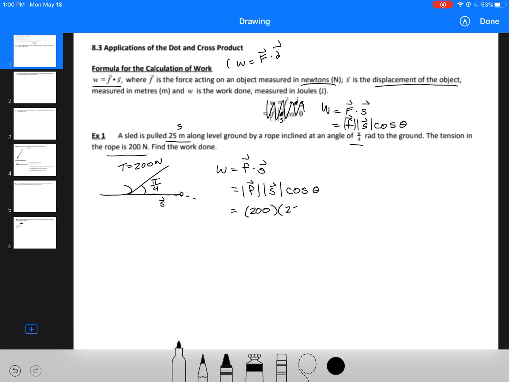My displacement is 25 meters, and then cosine of pi/4, which is the angle between them. When I simplify that all out and use my calculator, I get approximately 3,540 joules. So the work done in this case is 3,540 joules.